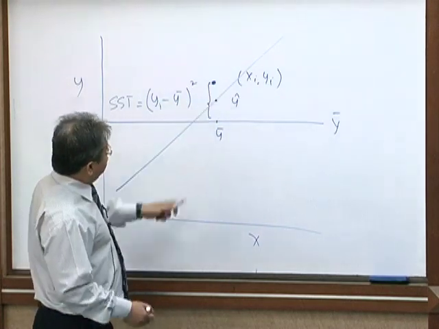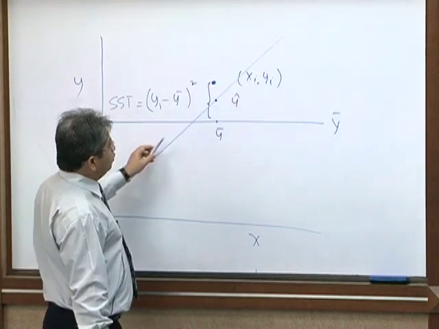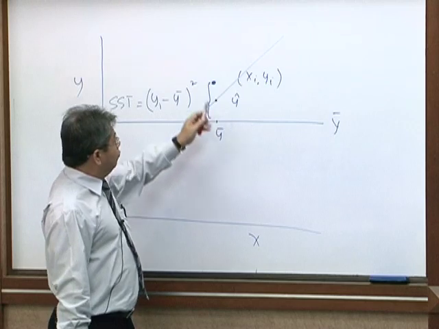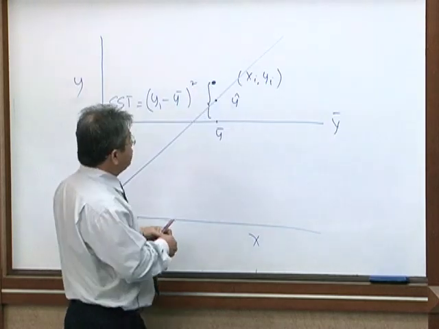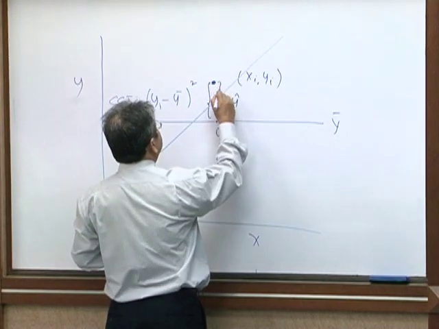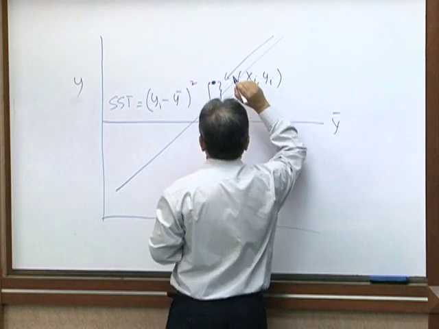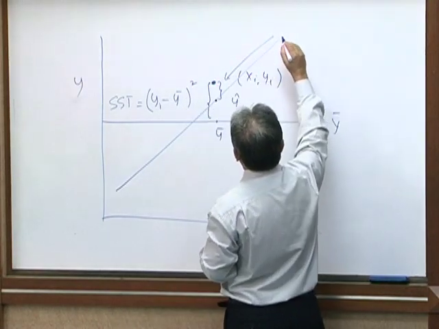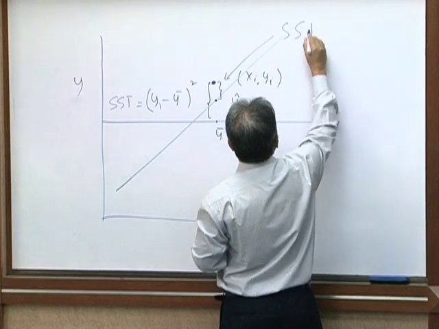And by having the regression line, we try to explain the variation in y by using the line. So this is SSR.